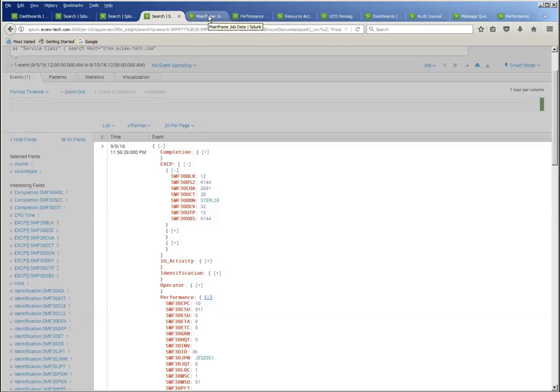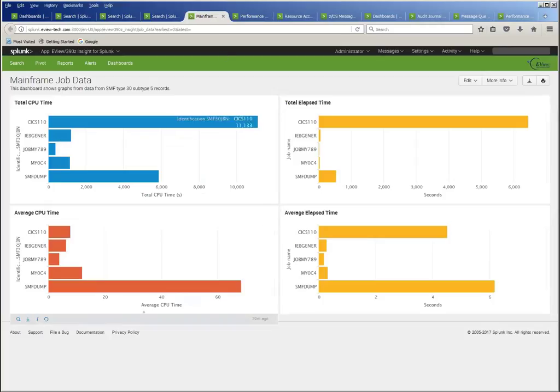One of the things some people might want to do with this type of data, besides looking at individual jobs, would be to do some type of reporting. For example, looking at CPU time and what jobs are using the most CPU time or elapsed time, or looking at things like average CPU time or average elapsed time.